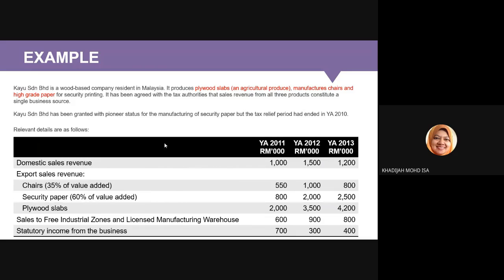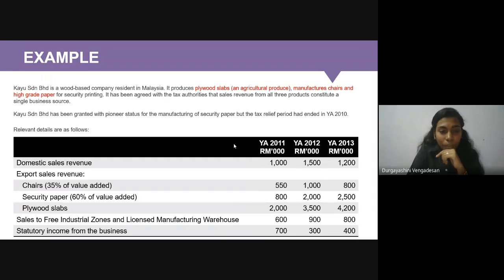To find the percentage of increase, it should be 450 over 550, times by the base.